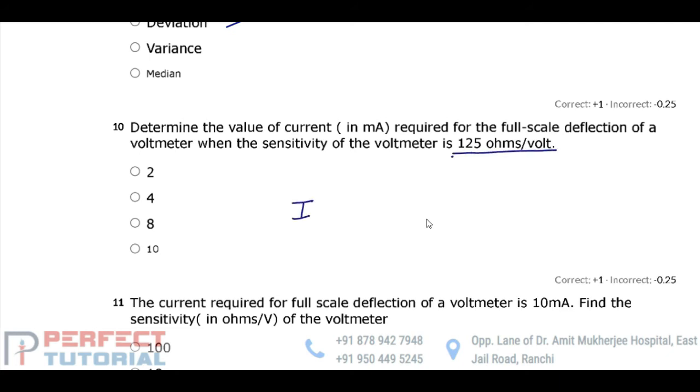You know IFSD is equal to 1 by sensitivity. Just take the inverse of 125. So 1 by 125 ampere, you can convert it into milliampere, means multiply it with 1000, you will get 1000 divided by 125, which is 8. So 8 would be the correct answer. 8 milliampere would be the IFSD value here.